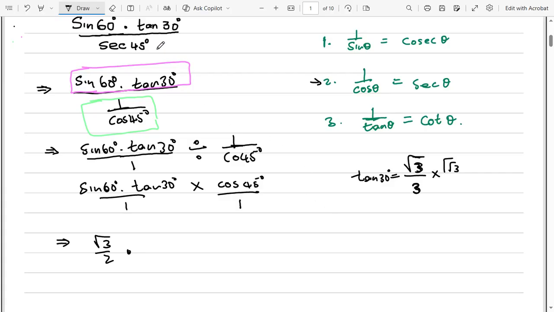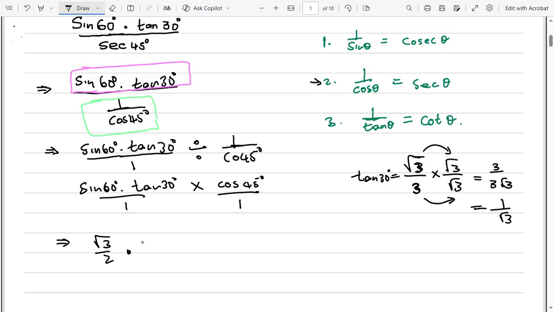This is what we call rationalizing the numerator. Then this times that will give us 3, and this times that will give us 3 root 3. The 3 cancels, and the final answer is 1 over root 3.